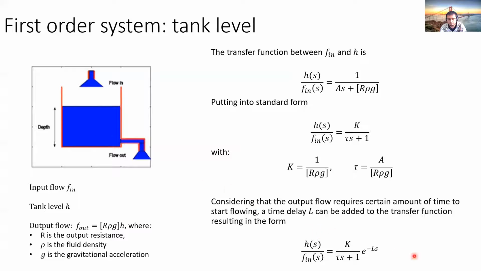Therefore, we can add the delay here, and that delay is represented by e to the power of minus L s. In that sense, the transfer function relating the height of the system to the input flow is given by the standard first order plus dead time equation. So right now we're introducing some physical effects over our transfer function.